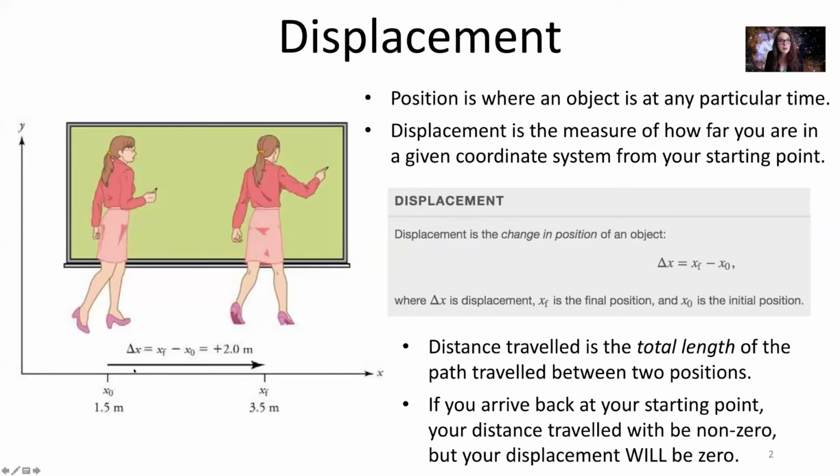Her displacement would be her final position, 3.5 meters, minus her initial position, 1.5 meters. That gives her a total of 2 meters. That would be her displacement. In this case, it also turns out that that displacement is the same as her total distance traveled.